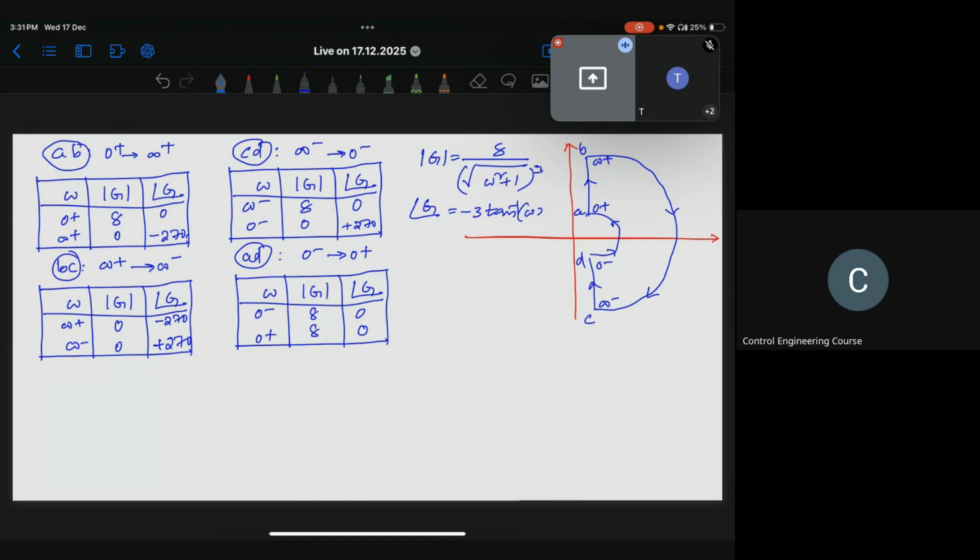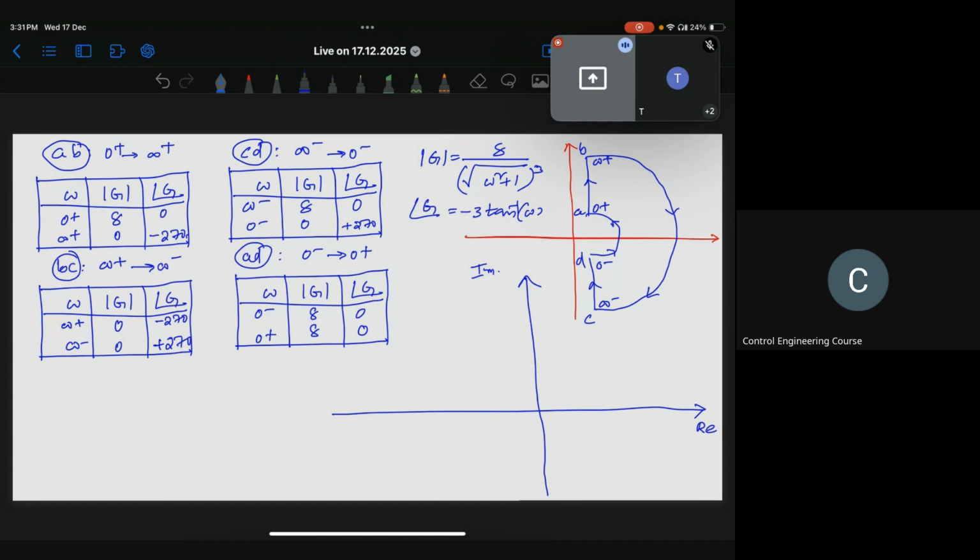Now, to draw the Nyquist plot, we take the real part here and the imaginary part here.